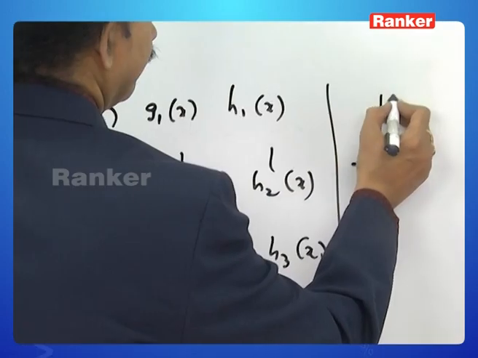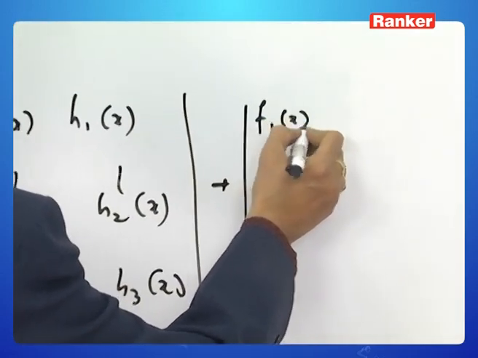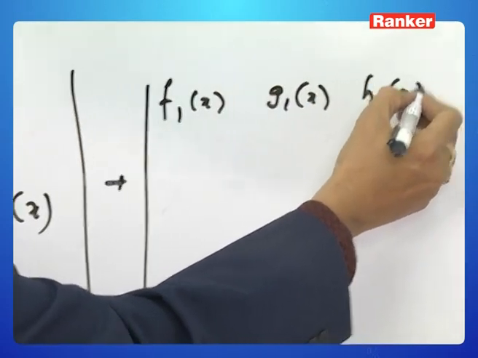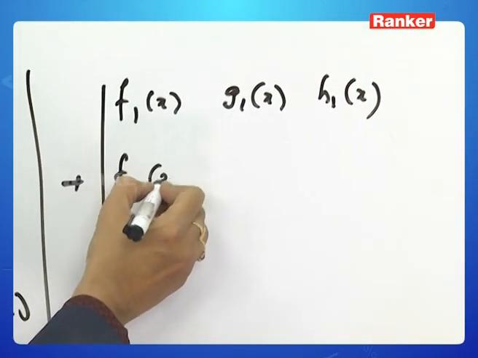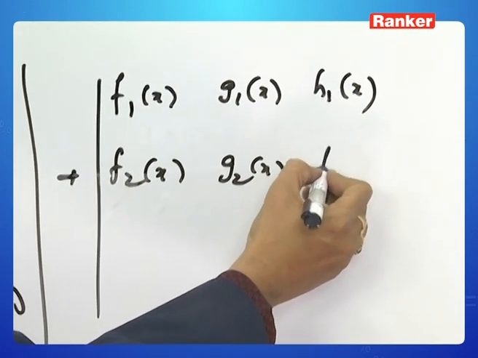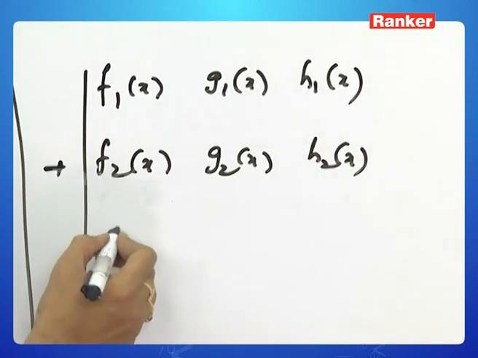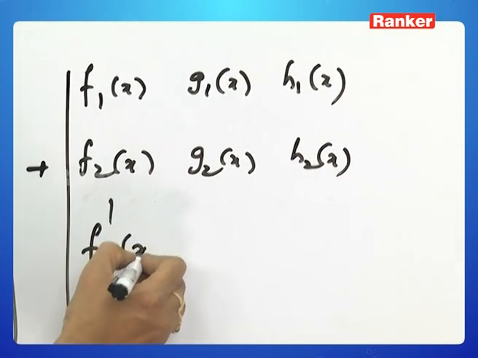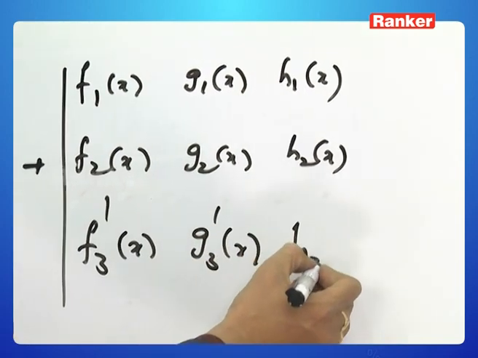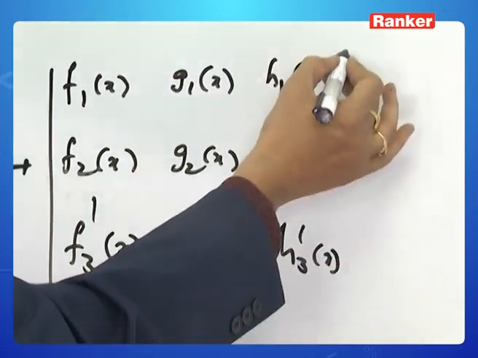That is f1 of x, g1 of x, h1 of x, f2 of x, g2 of x, h2 of x, f3 dash x, g3 dash x, h3 dash x.